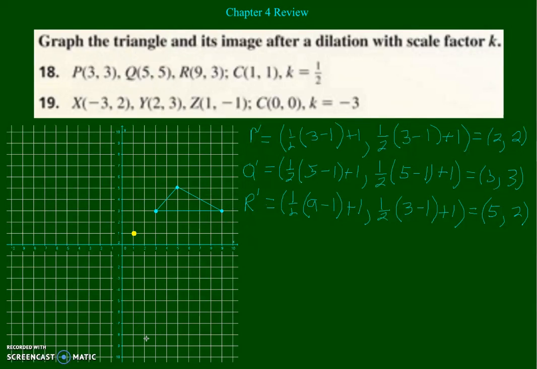So let's go ahead and plot the points. So, our first point is 2, 2. Then we have 3, 3. 3, 3 is up over the top.